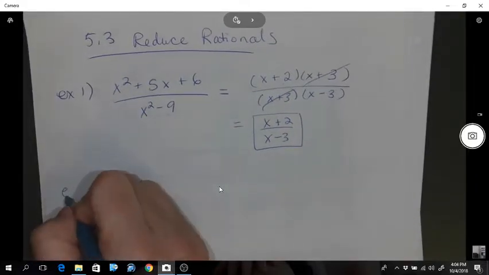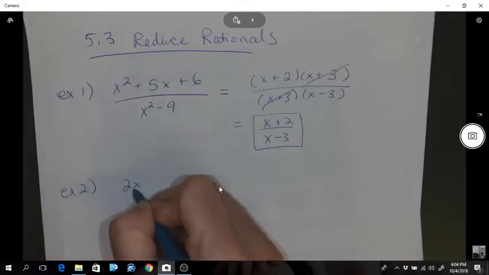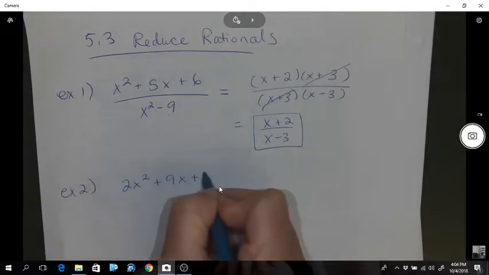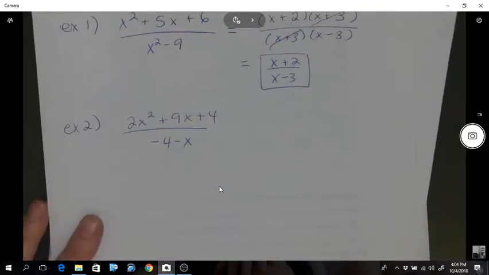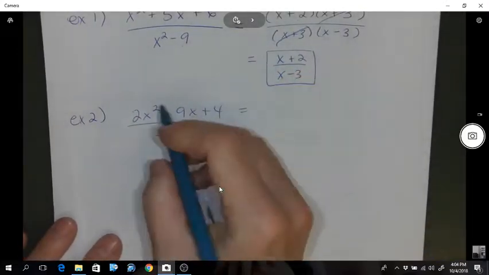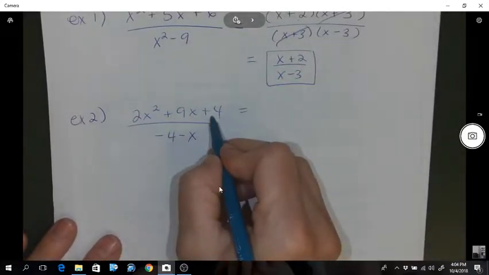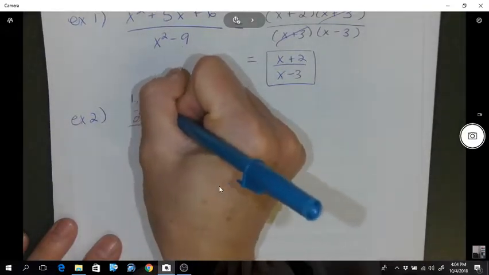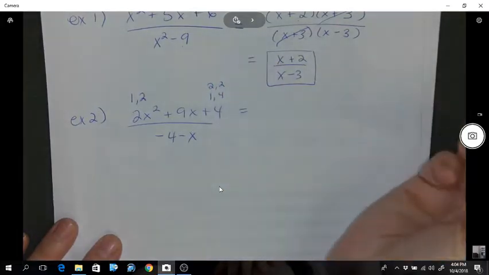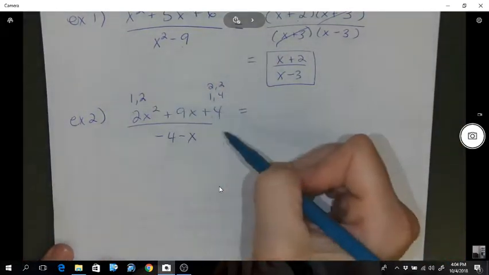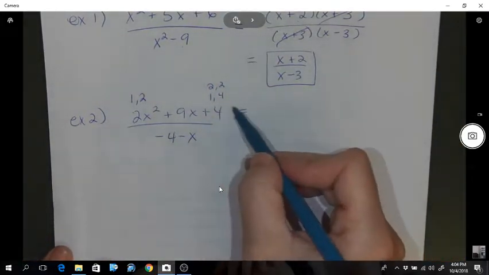Okay, let's go another example here. 2x squared plus 9x plus 4 over negative 4 minus x. Okay, so numerator, I see a hard trinomial. So combinations for 2, combinations for 4. I need to think about how I can combine to get a 9.